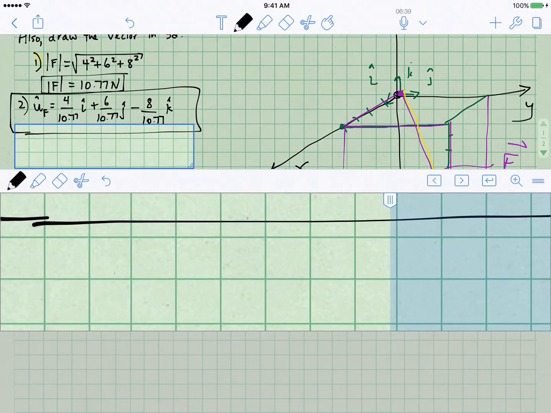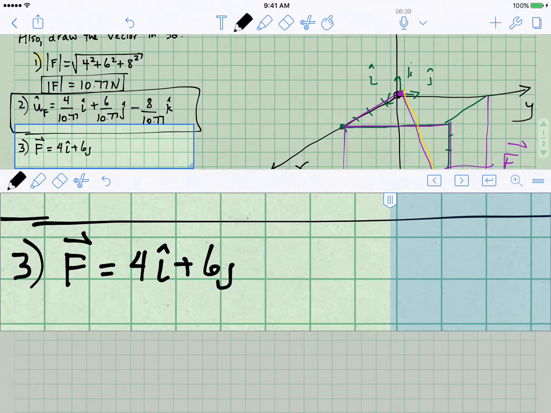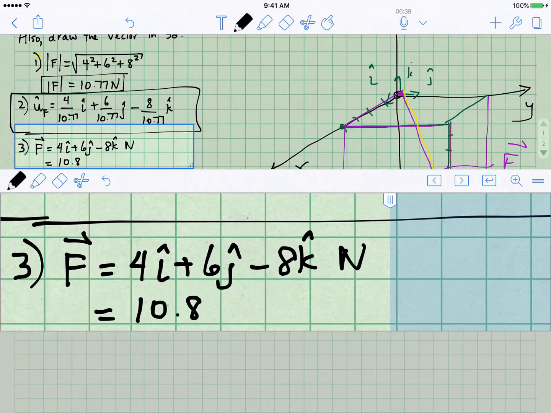The last thing we need to do is summarize the answer. F can be written as 4i plus 6j minus 8k newtons. It can also be written as 10.8, and notice that I've rounded it off, newtons times 4 over 10.77 i plus 6 over 10.77 j minus 8 over 10.77 k.